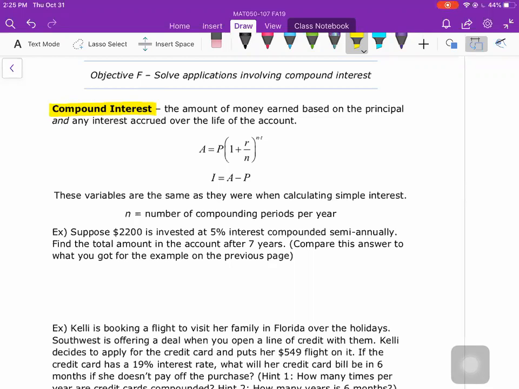So let's think for a moment about a credit card. Who in here has a credit card? Okay. Some of us. If you don't have a credit card, are you pretty familiar with how that whole process works? Yeah. You charge something, so you're not paying for it out of your own personal bank account. You're not paying cash for it.